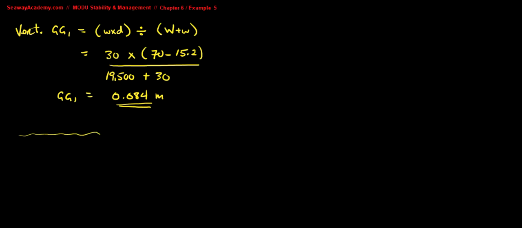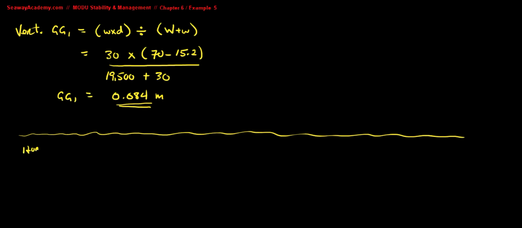So now to calculate the horizontal shift of G, the formula is G1G2 equals the weight times the distance divided by your displacement plus the weight. Now in this case they tell us that the horizontal distance from the center line is 35 meters. So that's D, 35.